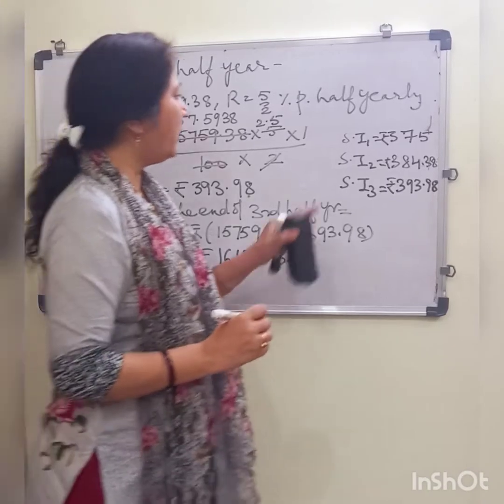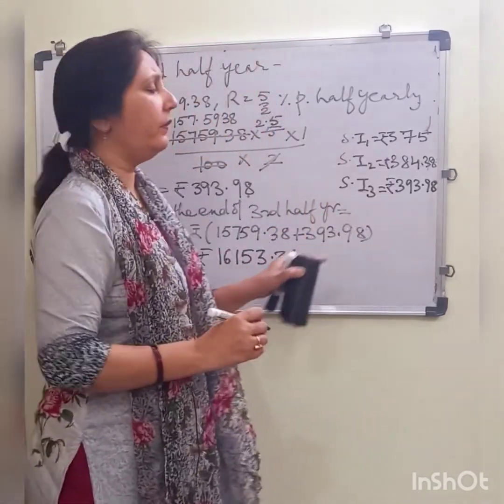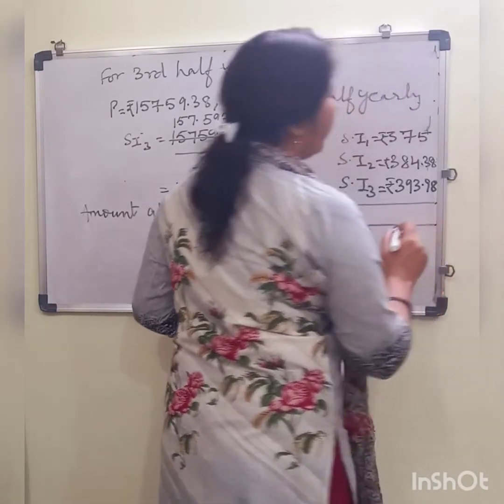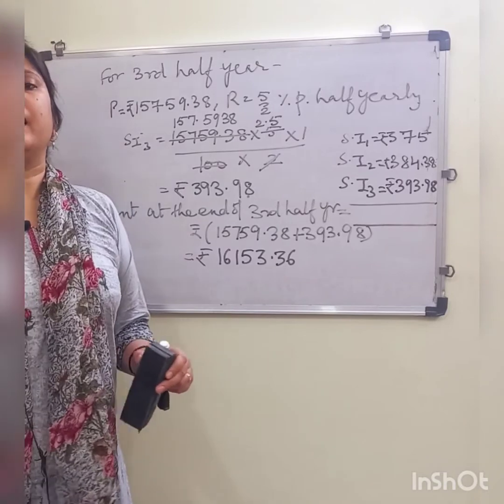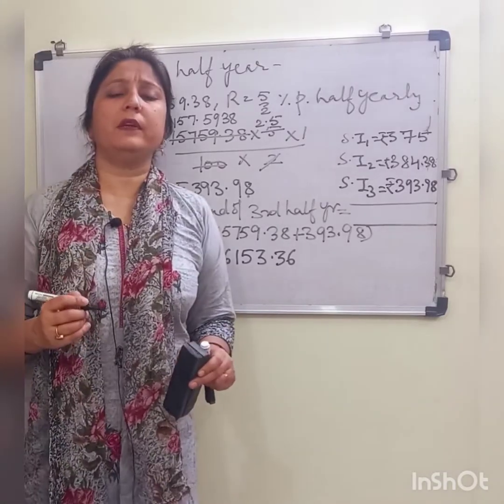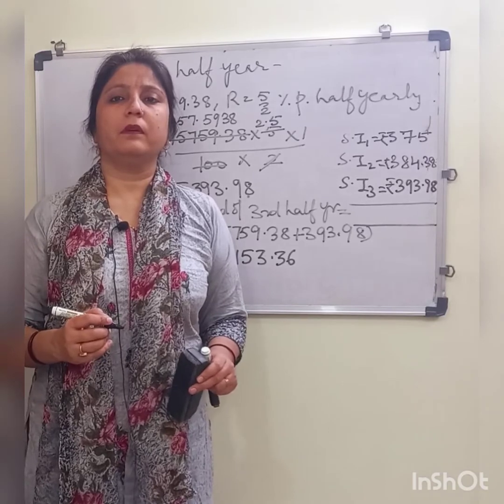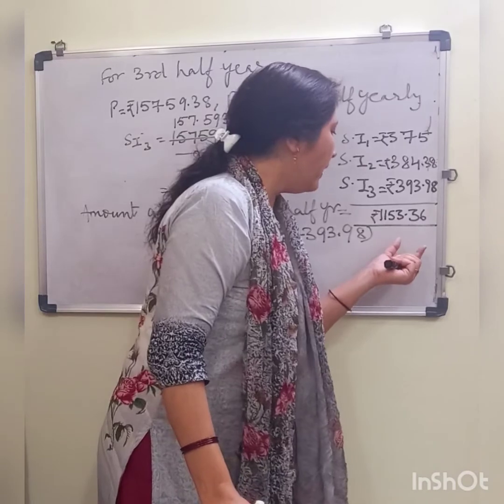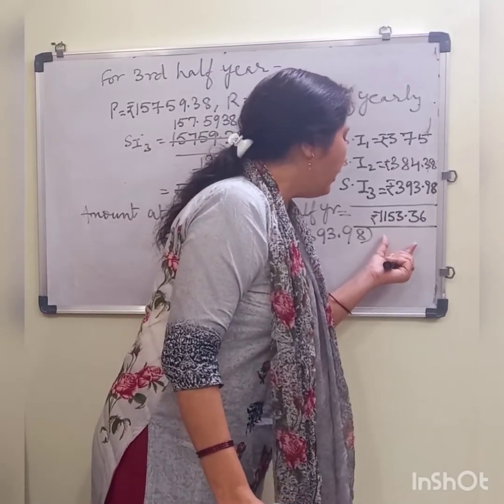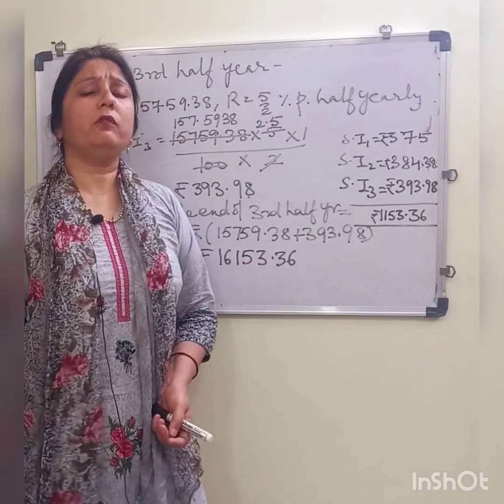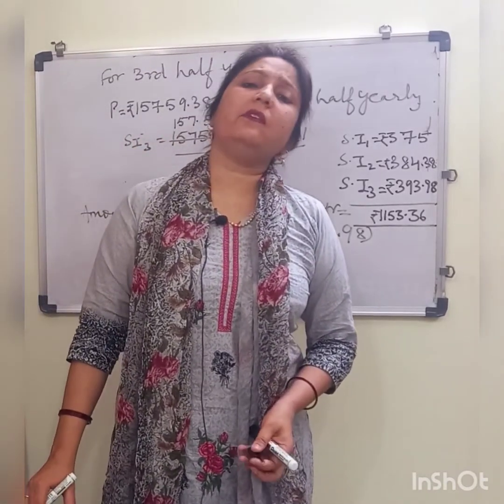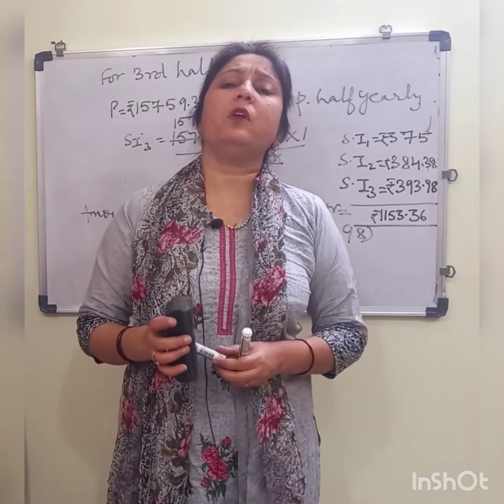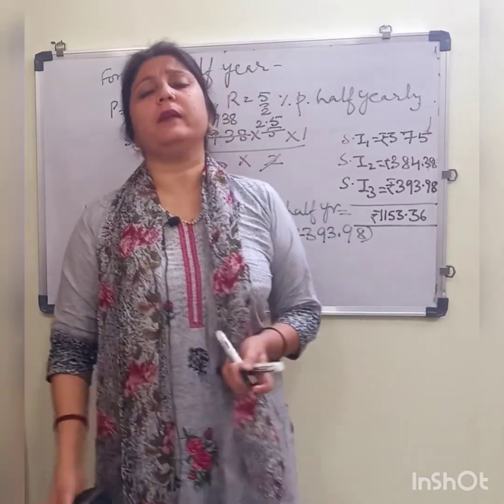When you are asked to calculate compound interest, you add all these three interests, SI1, SI2 and SI3. When we add all these three interests, the compound interest will be 1,153.36. This is how you can use the formula of simple interest for calculating compound interest.